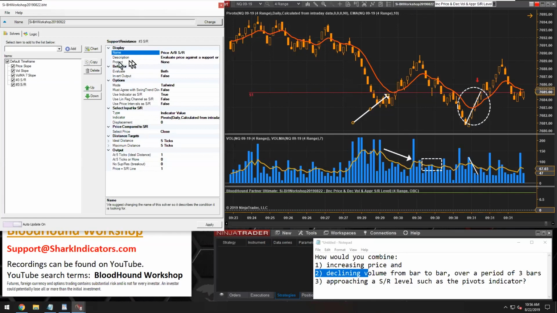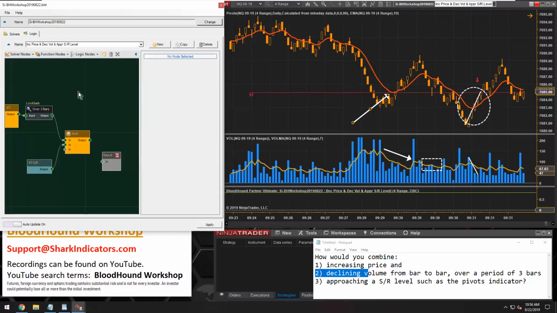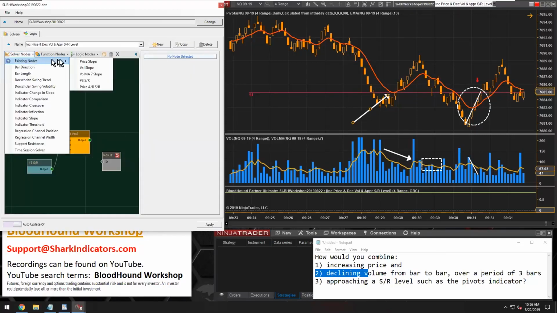Not exactly sure what name I should give this, but I think this will be good enough. So there's our solver, and what I'll need to do next is go in and adjust the distances here.